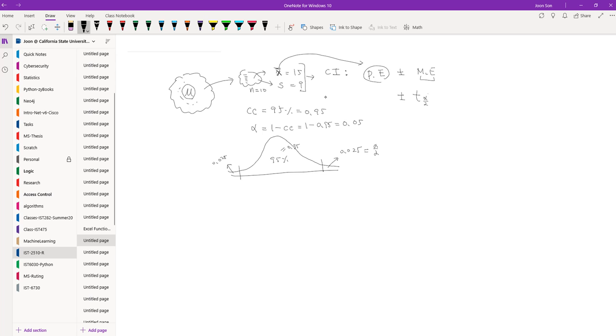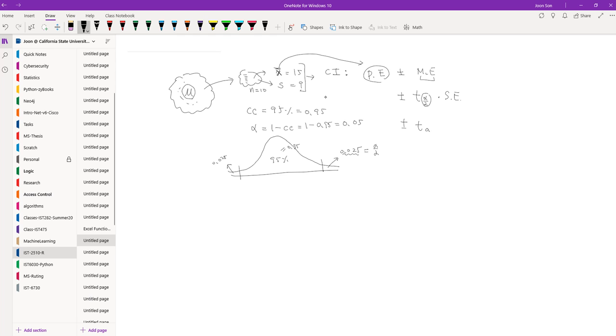And it is multiplied by the standard error.